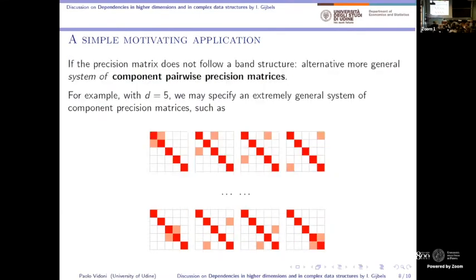If we don't have a real idea about the form of the original precision matrix, we may combine these very general component precision matrices, which are a sort of pairwise precision matrices. It's a very general setting, and we may use it when we do not have a precise idea about the dependent structure.